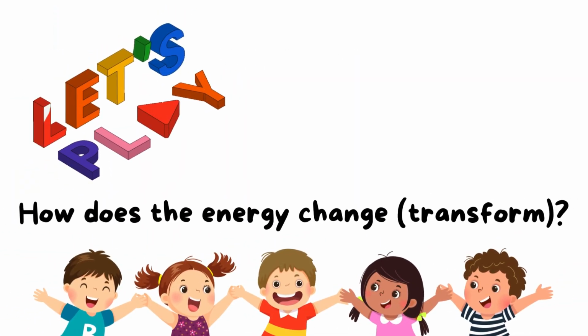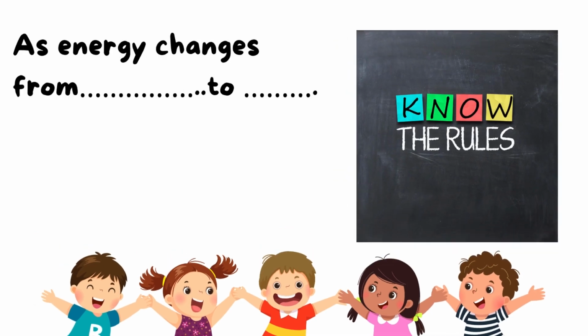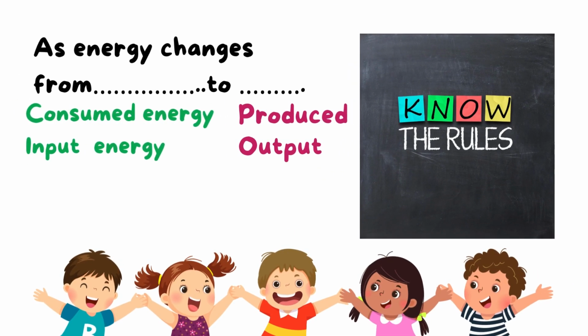So let's play. Here we have some devices and we want to know how the energy changes or transforms. But before we play, I want you to know that here we will describe how the energy changes from one form to another in each device.